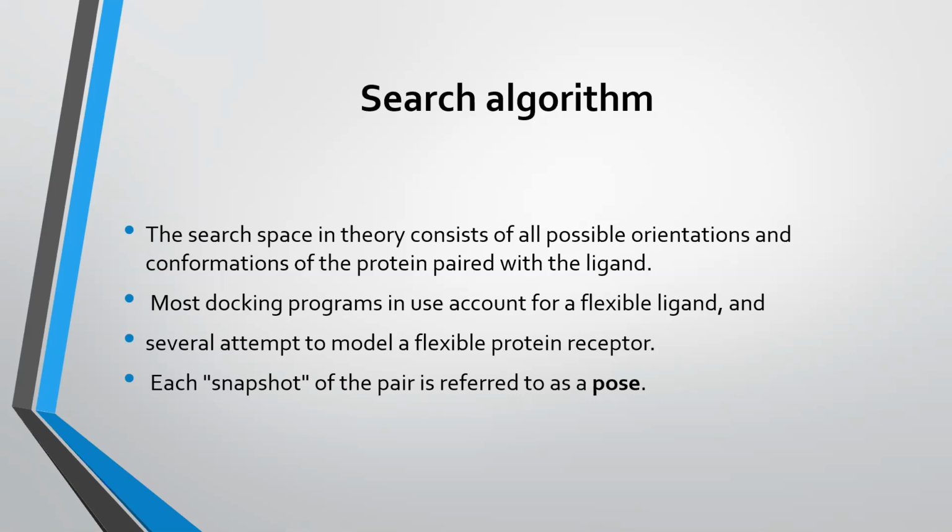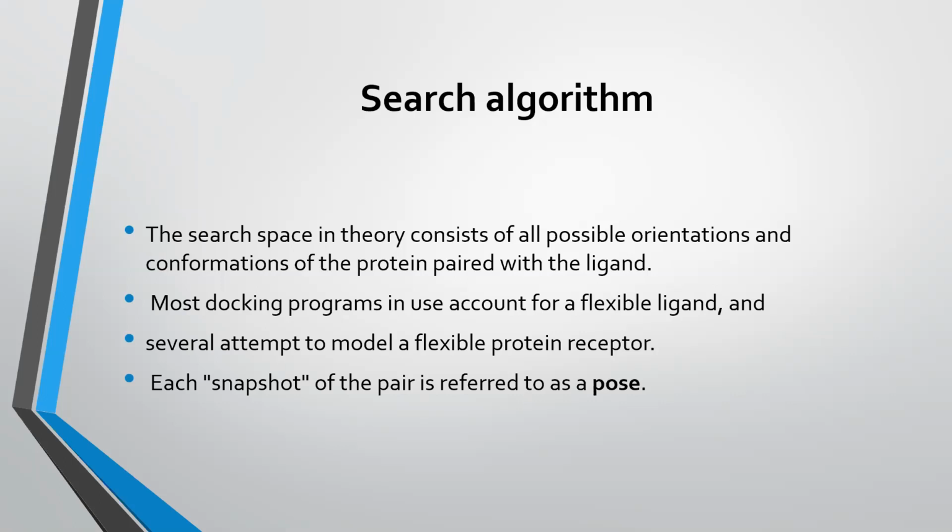In order to identify that, we have to check the stability of each different conformation of these two molecules in combination, meaning each different conformation of the complex of these two molecules.